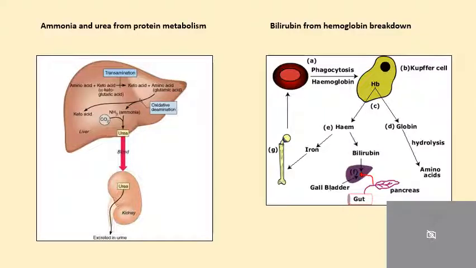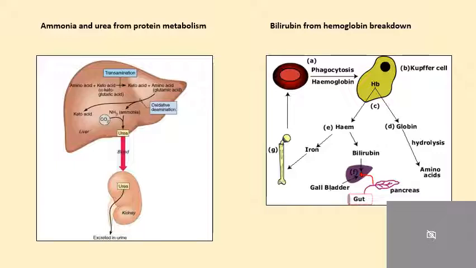The example wastes shown here I chose specifically because they come up again for us down the road in future chapters. On the left, we see waste products ammonia and urea. And what's shown in that image is a liver, blood vessels, and the kidney.